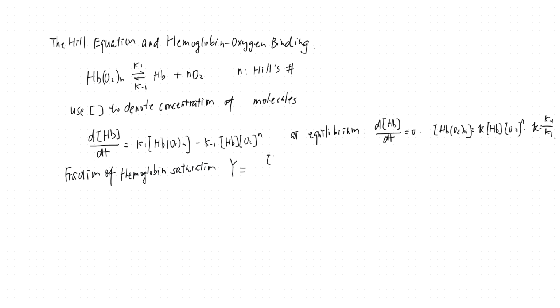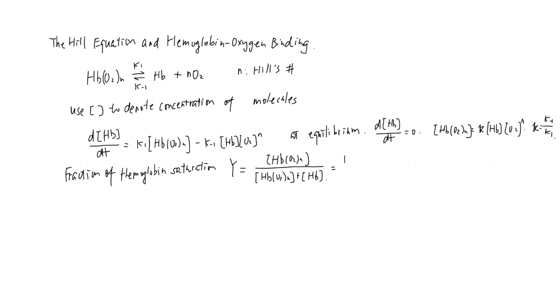So in the numerator, you have the concentration of hemoglobin that has oxygen bound, and in the denominator, you have the total concentration of hemoglobin, which is the concentration of bound versus unbound. Now you can manipulate this. You can divide both the numerator and the denominator by the concentration of hemoglobin.